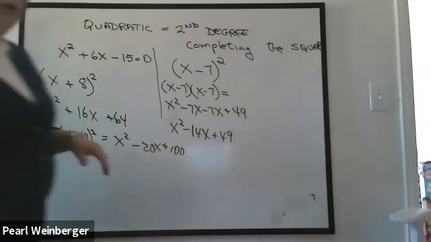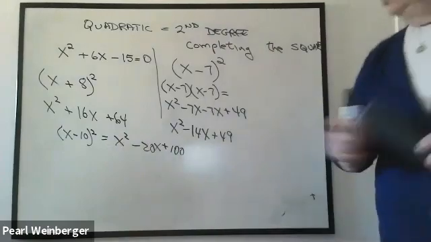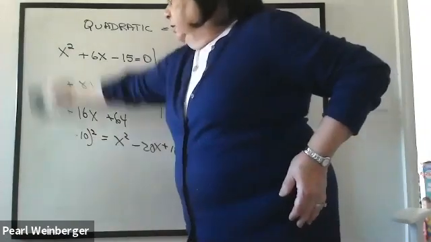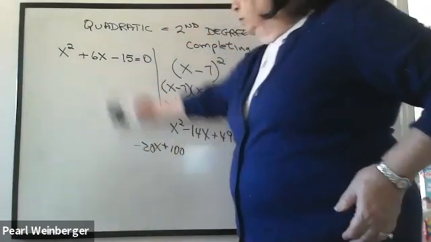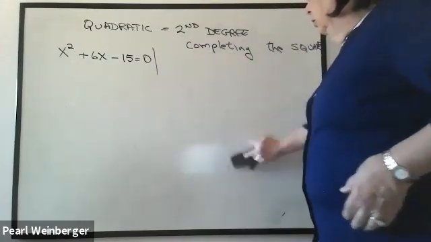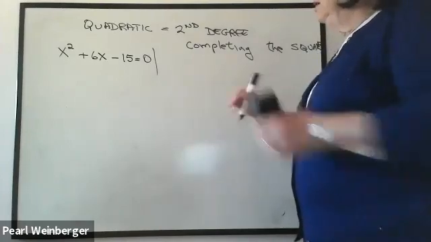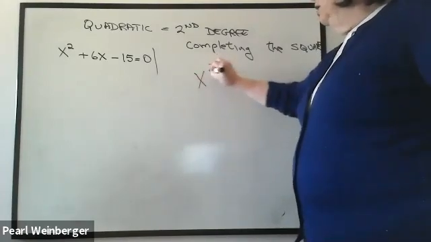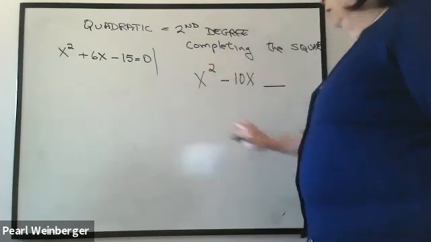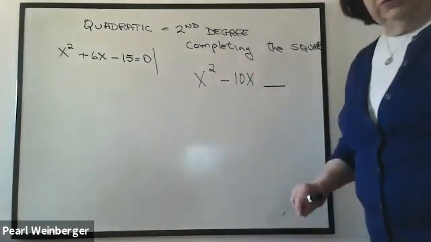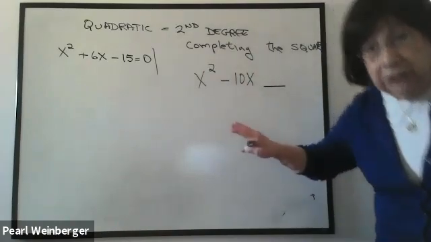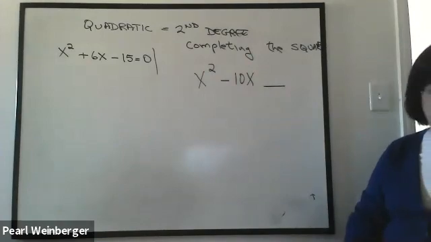Okay, now I'm going to look at this from a little different point of view. What if I started out with something like x squared minus 10x and blank, and I have two terms, and it's really a trinomial, it's really 3 terms, and I left out the third term.